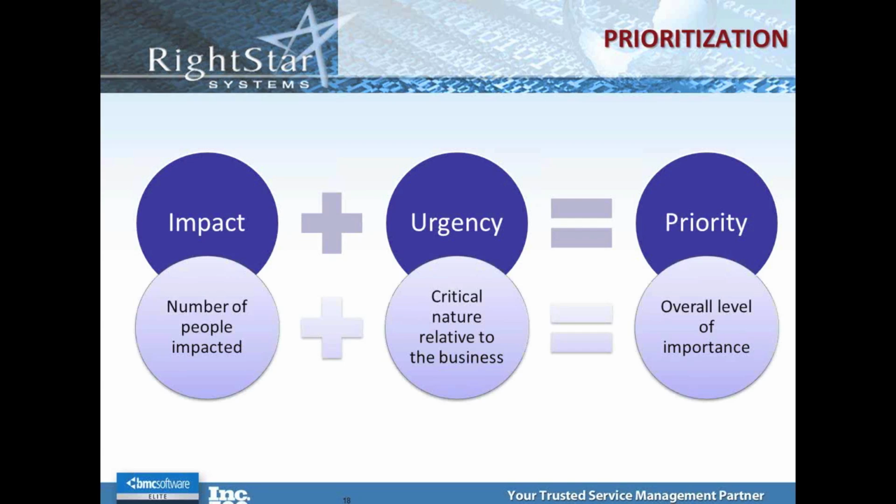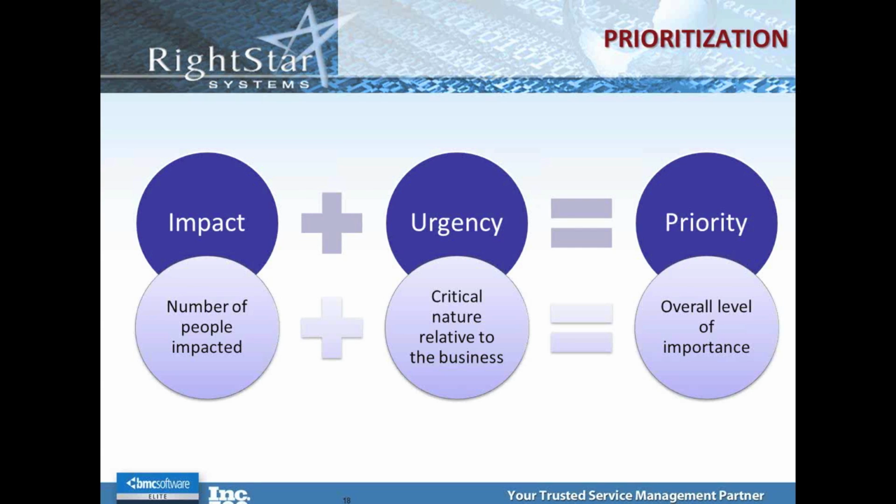There may be a specific impact level defined for VIPs within the organization. Or is it just a single person impacted? Or is this perhaps a very minimal impact? So by forming a matrix between impact and urgency, you can then establish and identify your priorities.